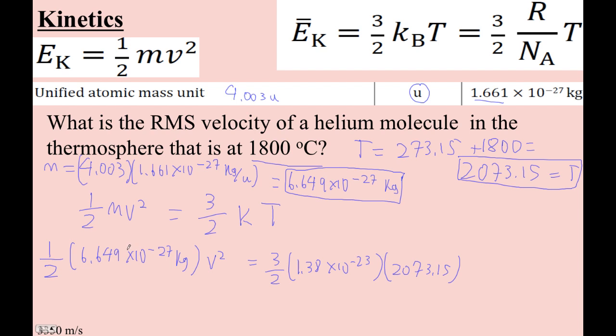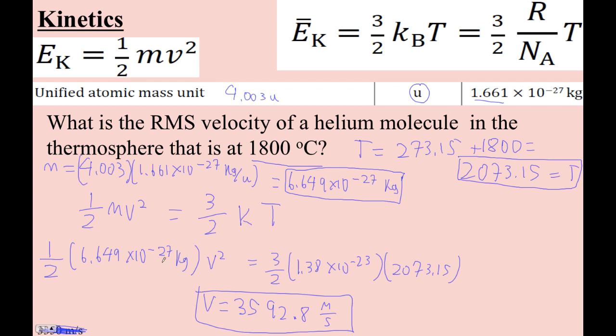And then if I square root that, I get 3592.8 meters per second. So the answer at the bottom, you don't always go by that answer at the bottom. Okay, 3592.8 meters per second is the speed. So that's super fast.